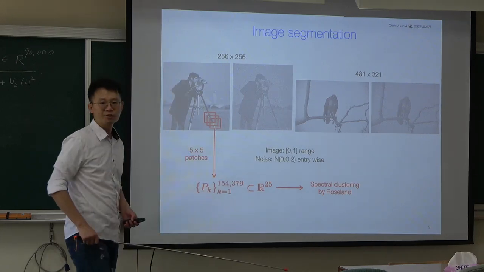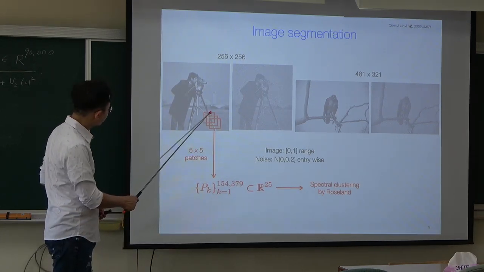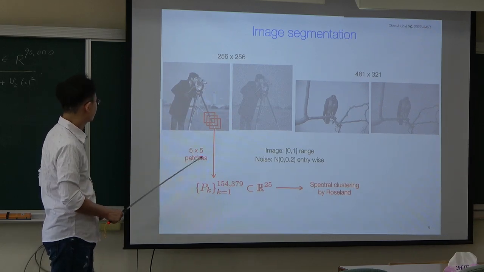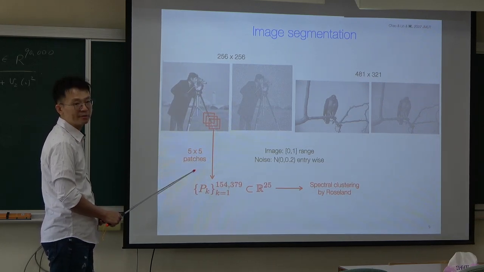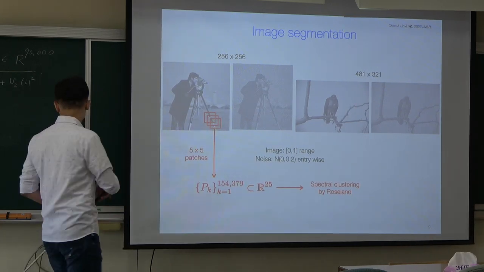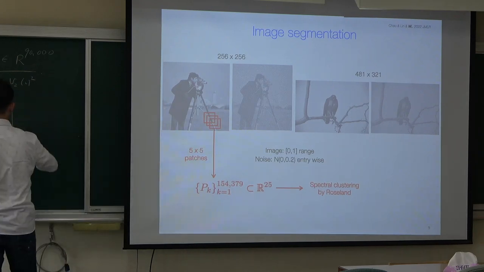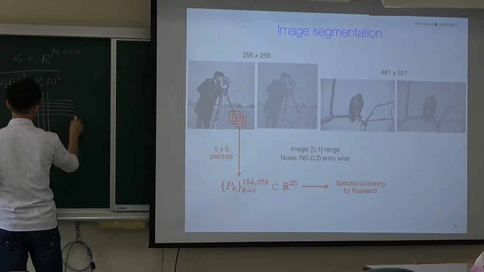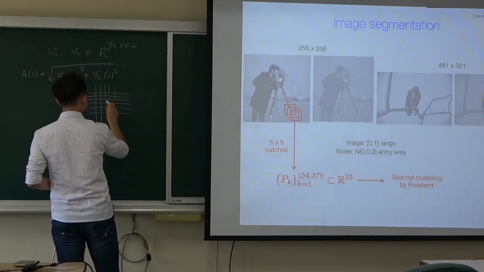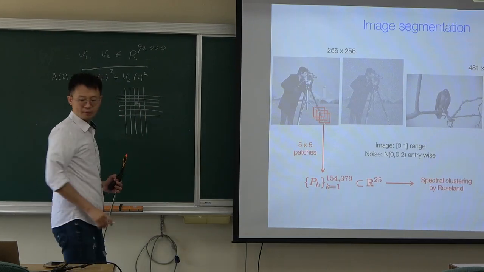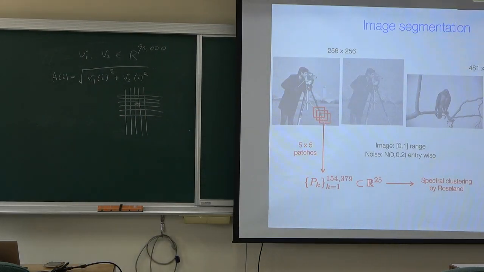And the usual procedure is we truncate the picture into several 5 by 5 patches, overlapping for sure. Every pixel will be attached with a 5 by 5 patch. What it means is you have an image. An image can be viewed as a matrix, right? And for every pixel here, we take a 5 by 5 patch.